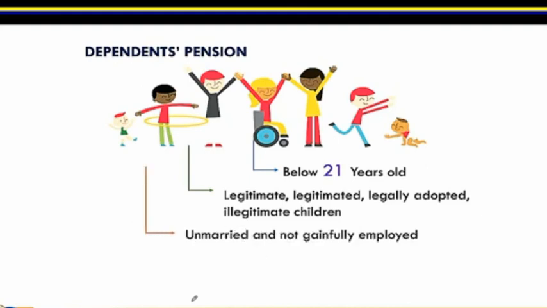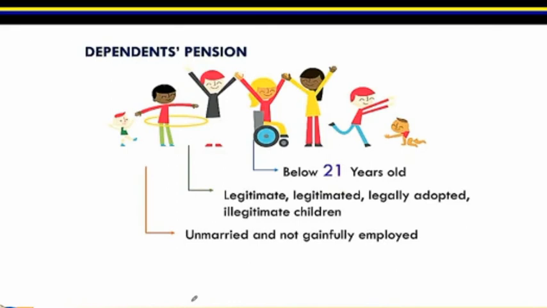They must be unmarried and not gainfully employed. So, these are children below 21 years old, provided that they are not yet married or not yet gainfully employed. Because if they're married, they become dependent on their spouse. If they're gainfully employed, they either have their SSS or GSIS already. So, they shouldn't be dependent on our retiree anymore.